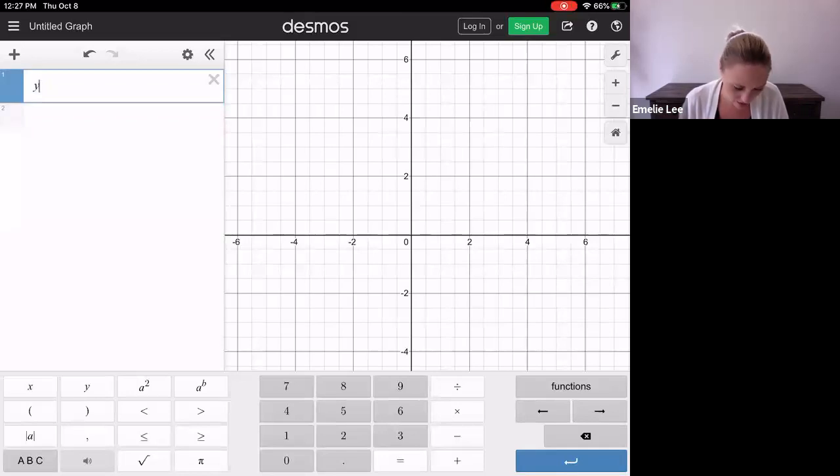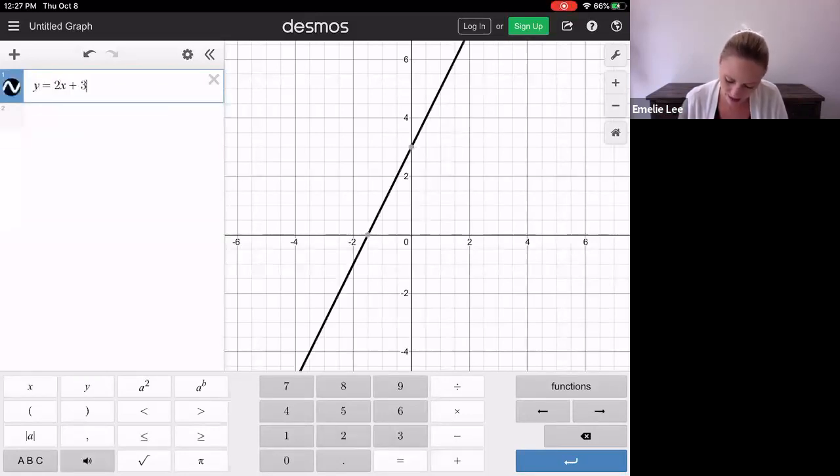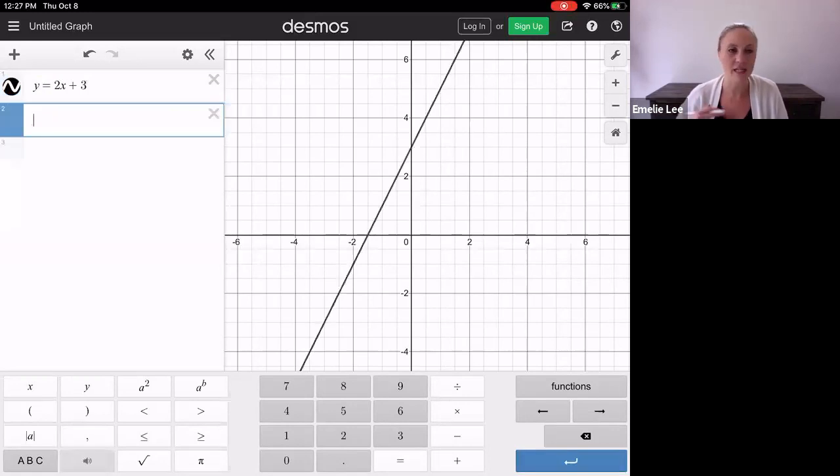So the first equation was y equals 2x plus 3. Okay, so I've got a line that looks good. And then if I want to draw another line, I hit the enter button, the blue button in the very bottom right-hand corner, and it gives me another line to put in an equation.